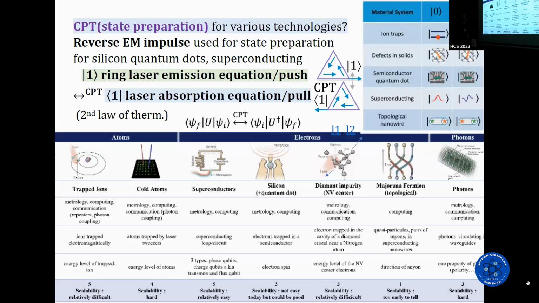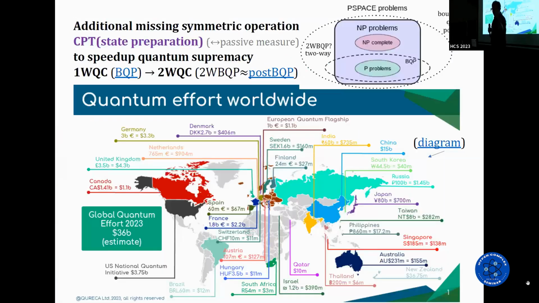Or if it's some optical pumping, I think it should be reversible by, for example, using a ring laser, or maybe the rays. If we are able, I think, to add this to quantum computing, it would allow for more power.